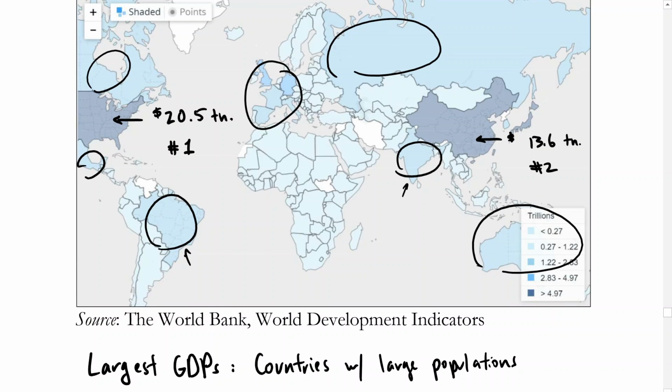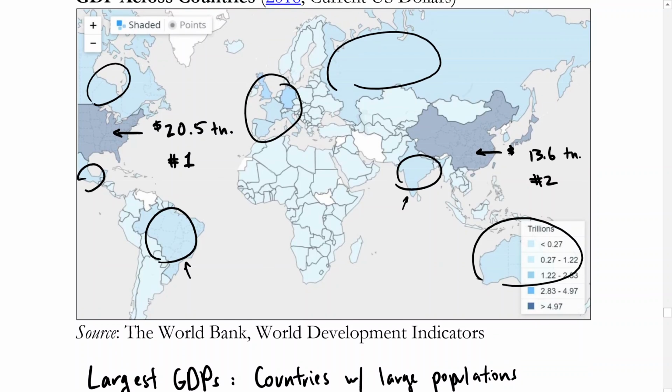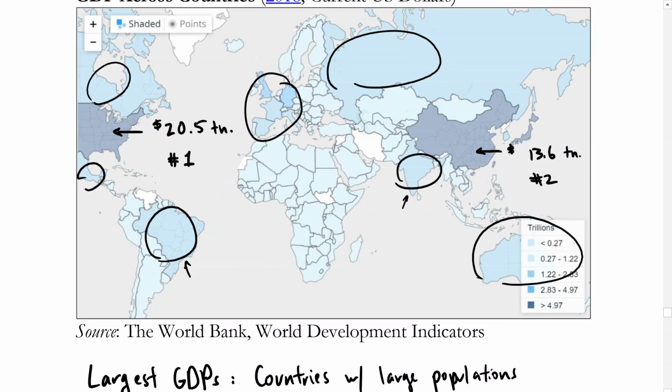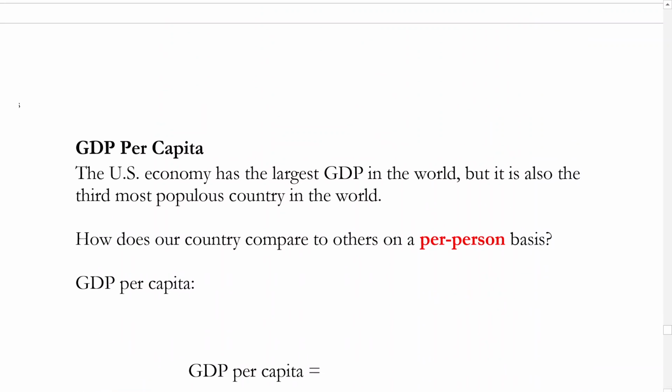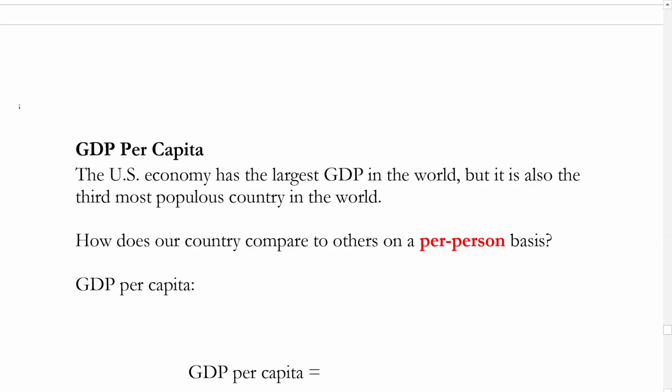So how do we actually know if the people living in the countries are living a nice life and having their own form of economic success? In order to see that by country, we have to divide by the population to get this idea of GDP per capita. So, the U.S. economy has the largest GDP in the world, but it's also the 3rd most populous.